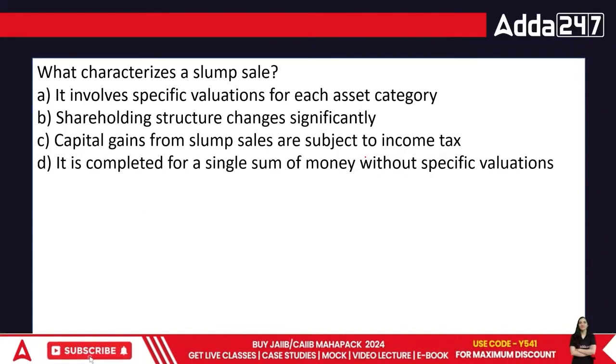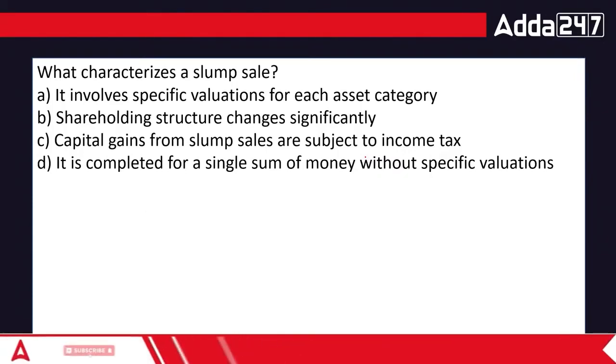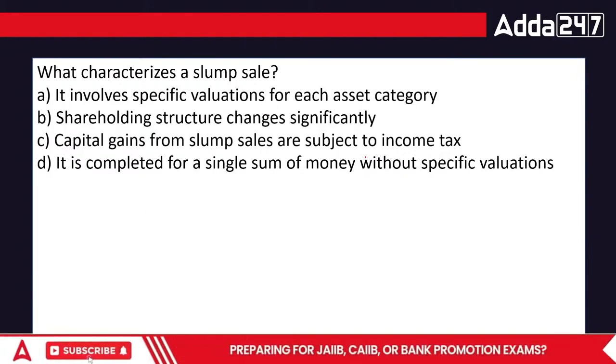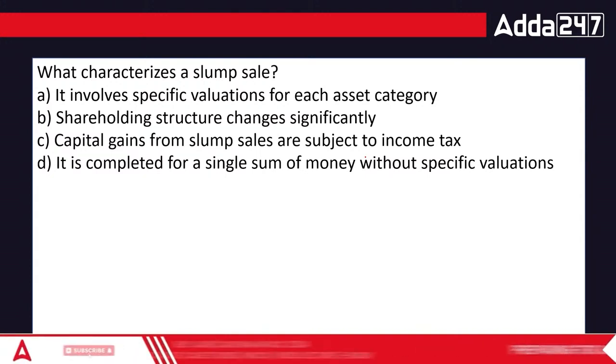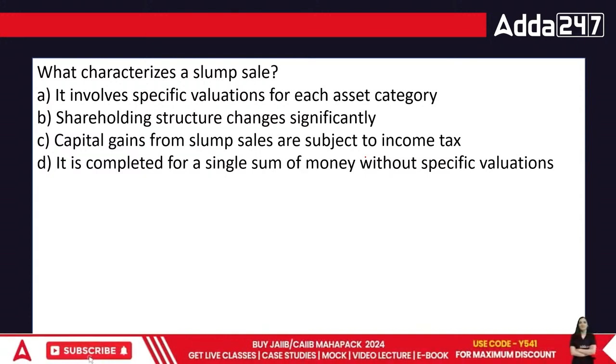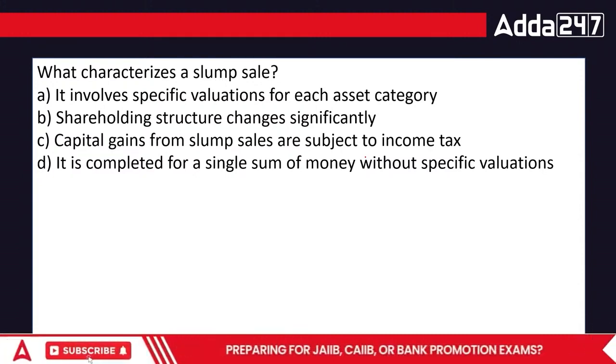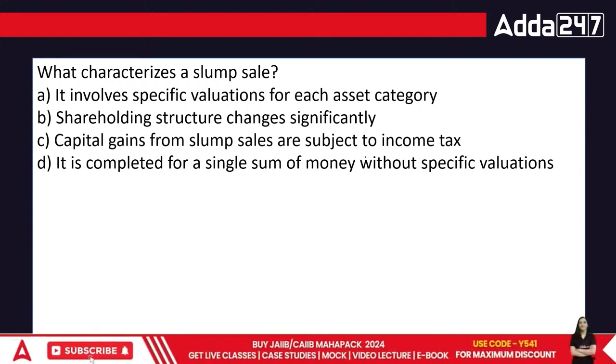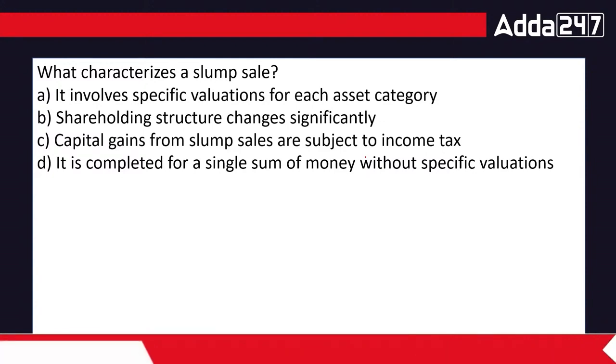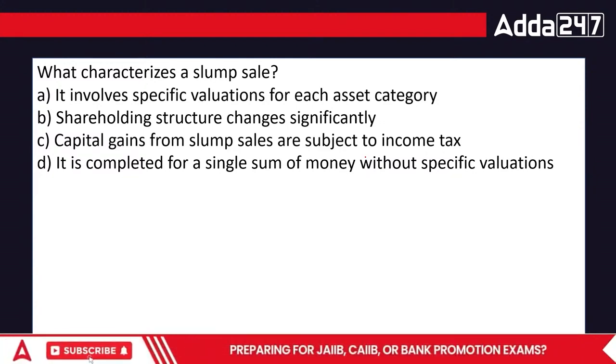What do you mean by slump sale, everyone? If you buy some other organization, you are accepting its good and bad things. It involves specific valuations of each category, or the shareholding structure changes significantly, or capital gains from slump sales are subjected to income tax, or it is completed for a single sum of money without specific valuations.